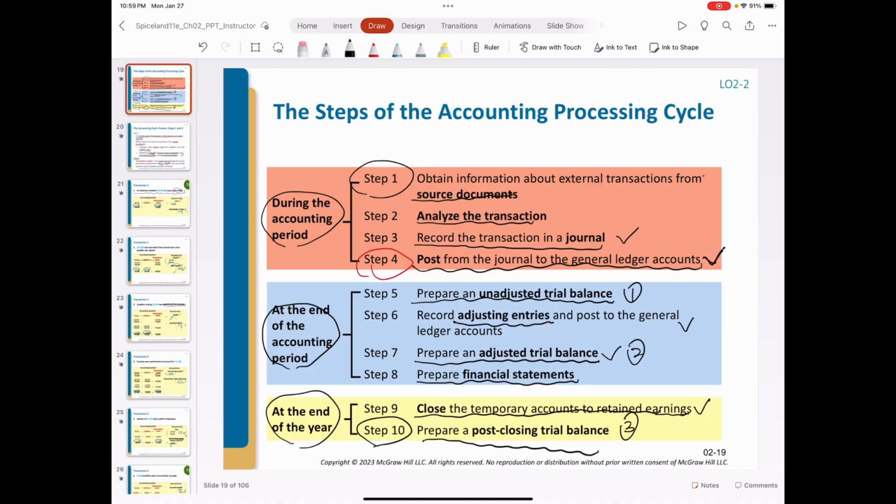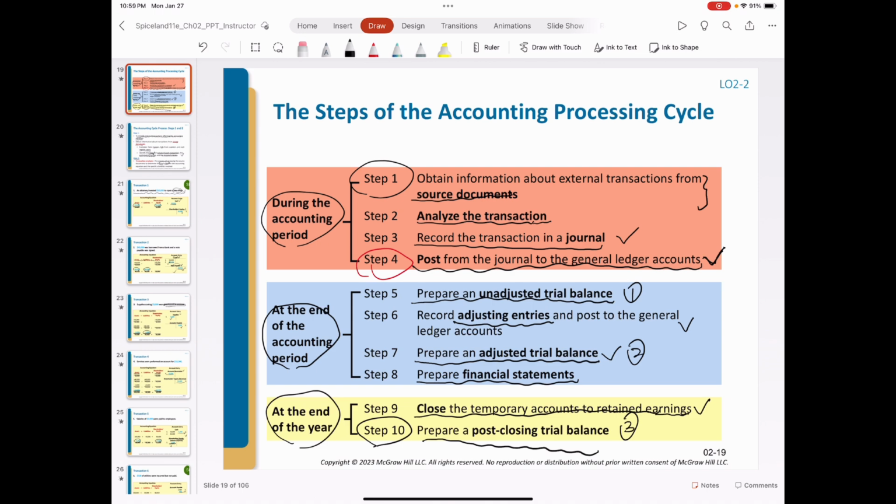In this class, you will be given not documents, okay, but just the description of transactions. Next, you analyze the transaction by identifying the 2 accounts, at least 2 accounts.